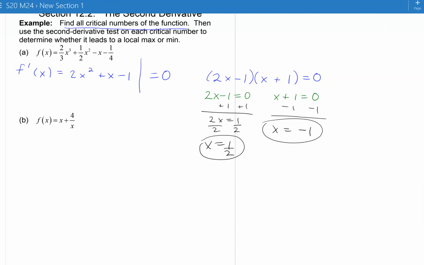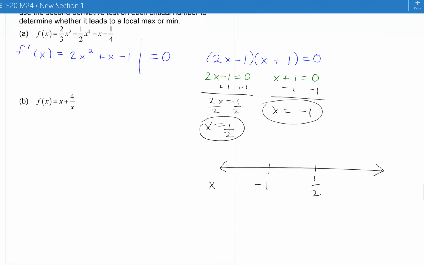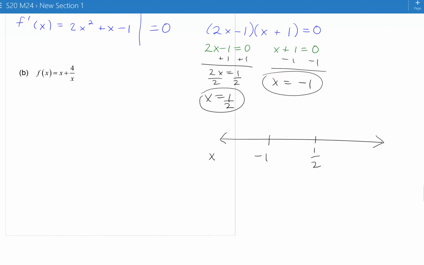Then use the second derivative test on each critical number to decide whether it might be a local max or local min. So let's put negative 1 and 1/2 on our number line. And what we know so far is the first derivative is 0 when x is negative 1, and it's 0 when x is a half.